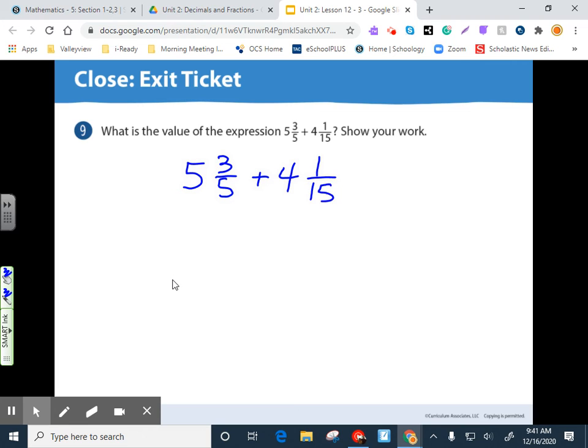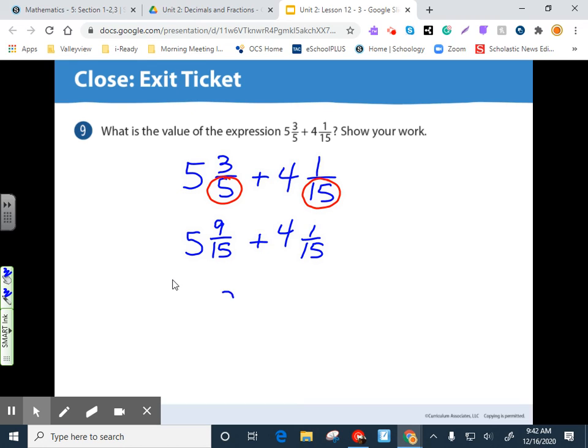So again, if we take a look at these before we start working on them, we can see I've got a 15 here and a 5 here. With that 3/5, I can create an equivalent fraction and then leave the 4 1/15 alone. So 5 3/5 will become 5 9/15. And then we keep the 4 1/15.